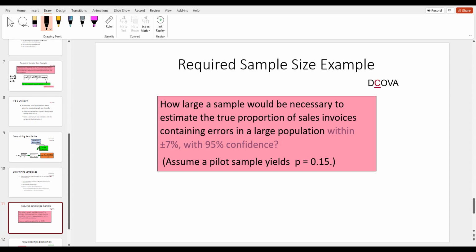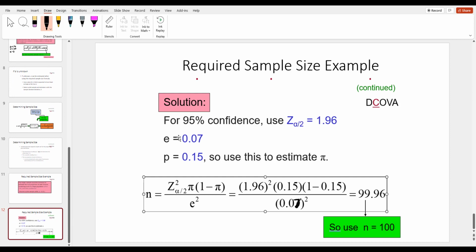So in this example, it says how large a sample would be necessary to estimate the true proportion of sales invoices containing errors in a large population within 7% with 95% confidence. Assume a pilot sample yields p equal to 0.15. Okay, so since we're doing a 95% confidence, our z will be 1.96.